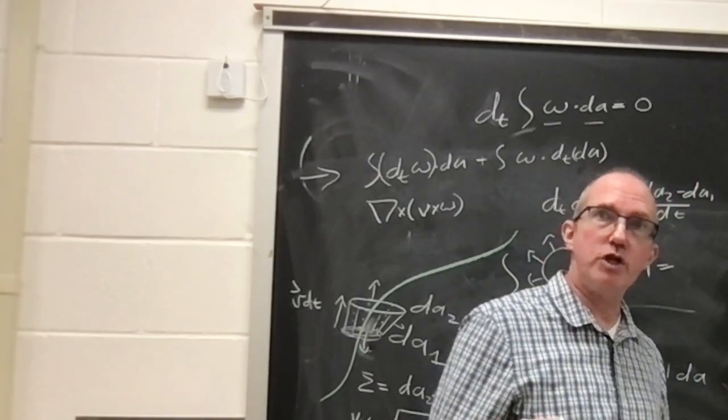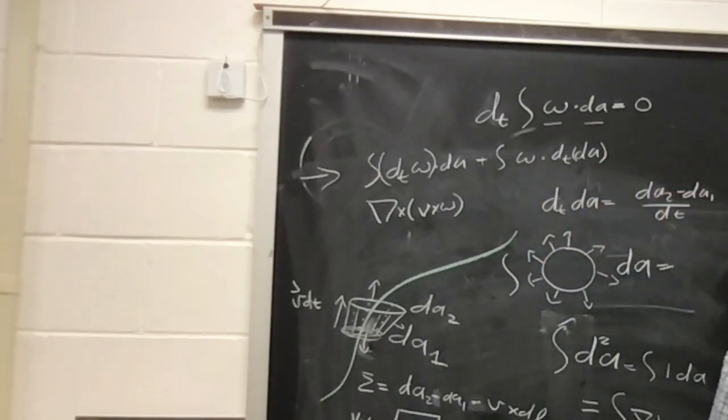Now we have a couple of triple product identities. If I have A dot B cross C, I can switch these three things cyclically and get C dot A cross B. So I'm going to do this, and this turns into the integral of omega cross V dot dl.